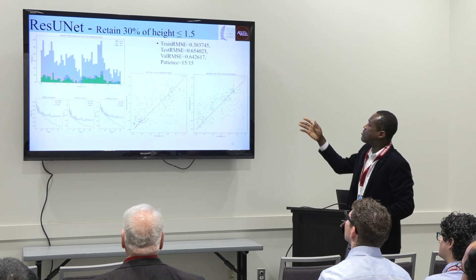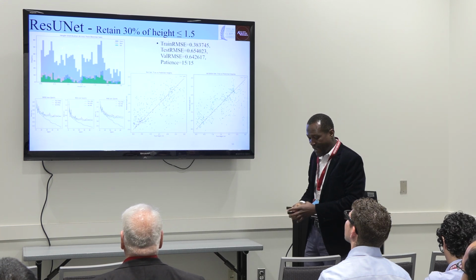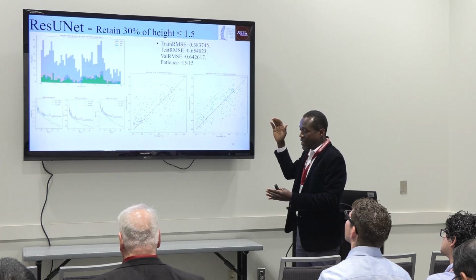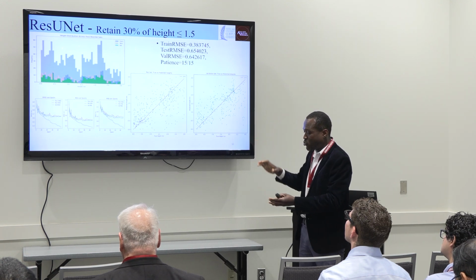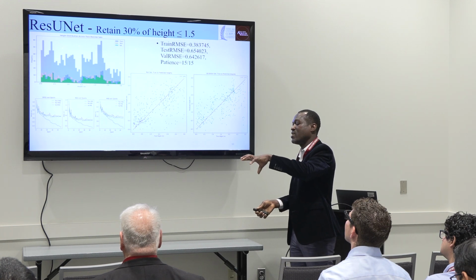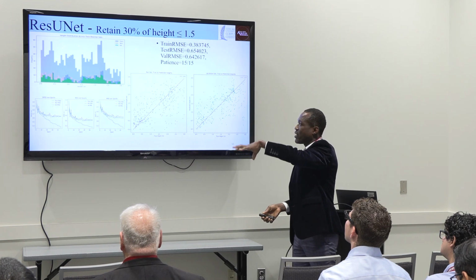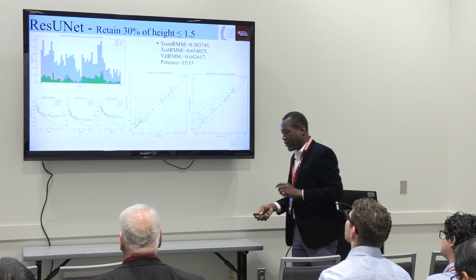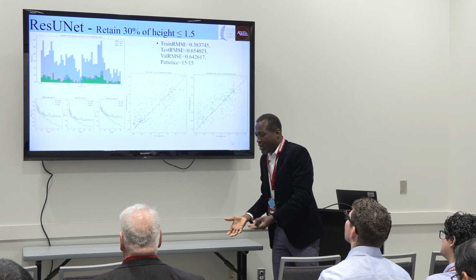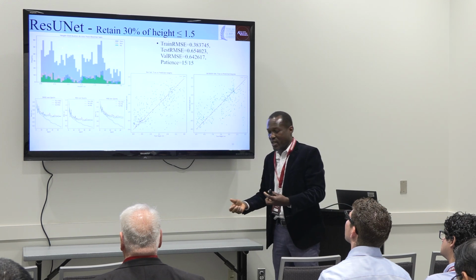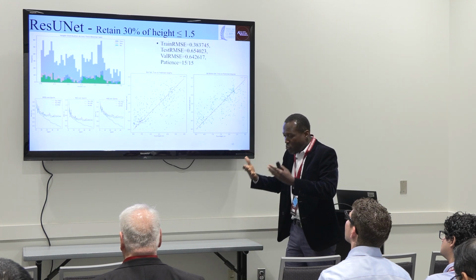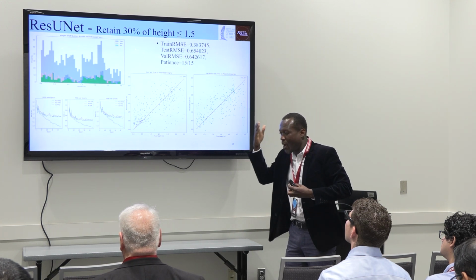And then this is another sample that I used. All height values that were less than 1.5, I did 30% random sampling. The reason being that soil has a better reflectivity than vegetation.